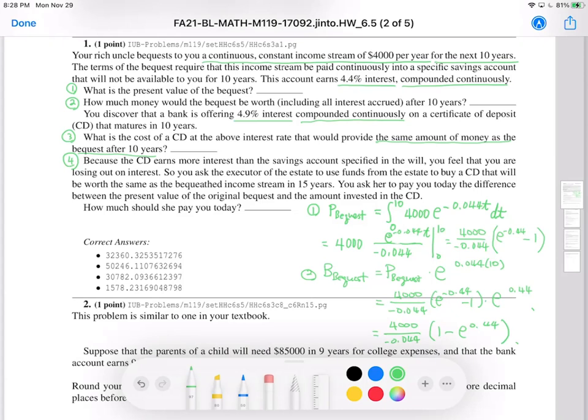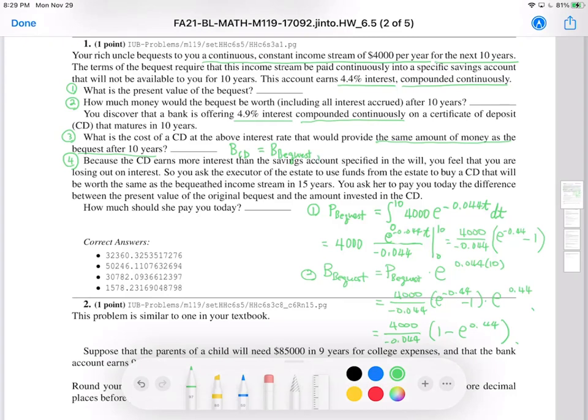So we're going to compute the present value of the CD, and the future value of the CD is equal to the same amount of money as the bequest after 10 years. So this must be equal to B bequest, the future value of the bequest.